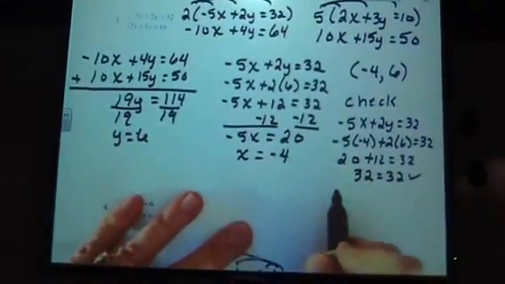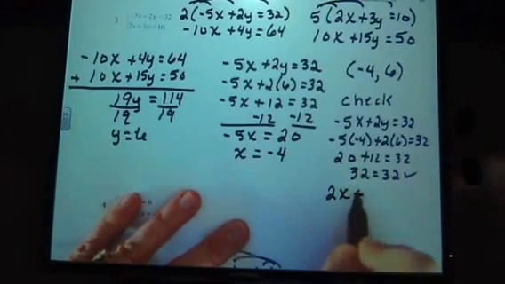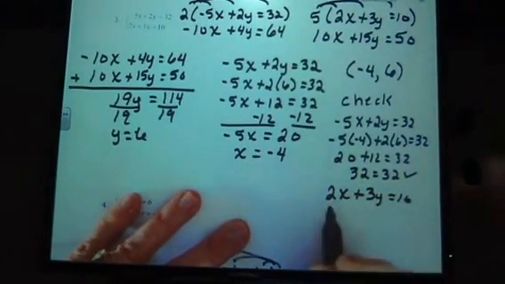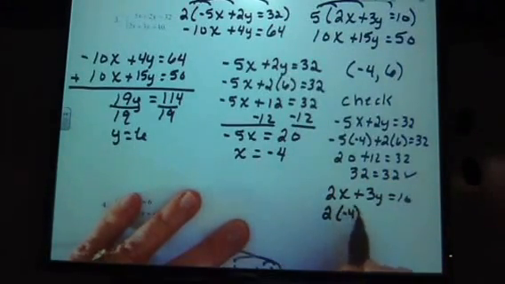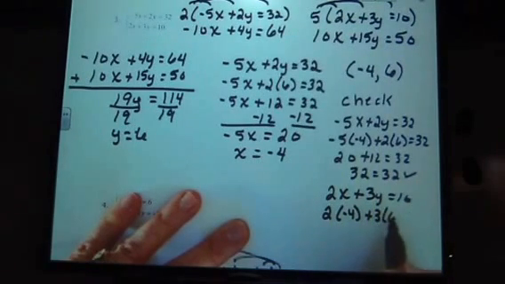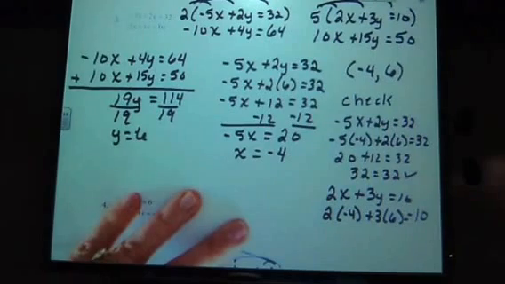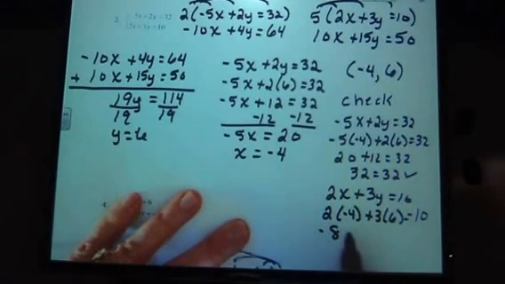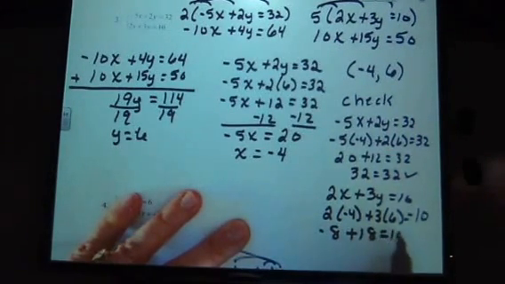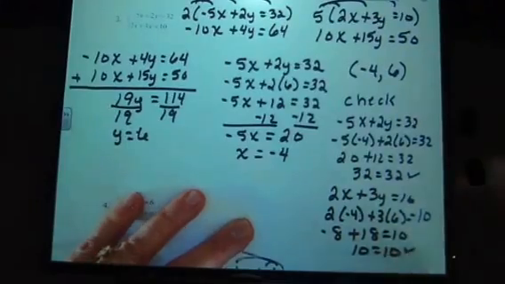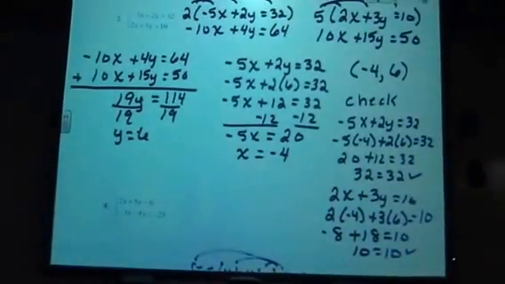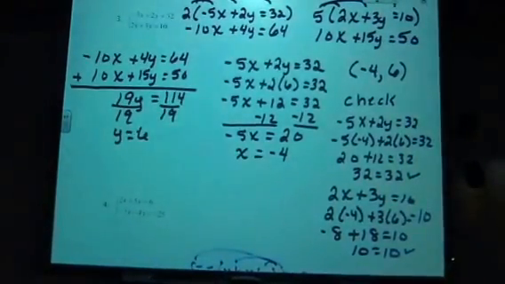Then the second one, and that one also checks. So there is number 3.